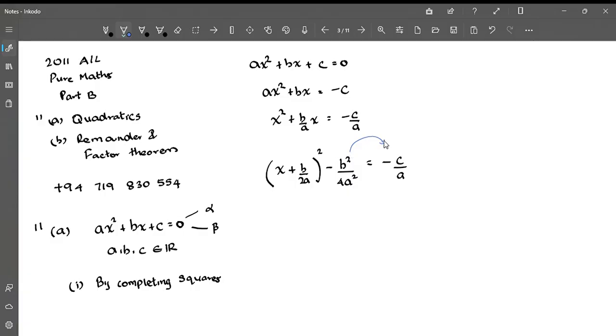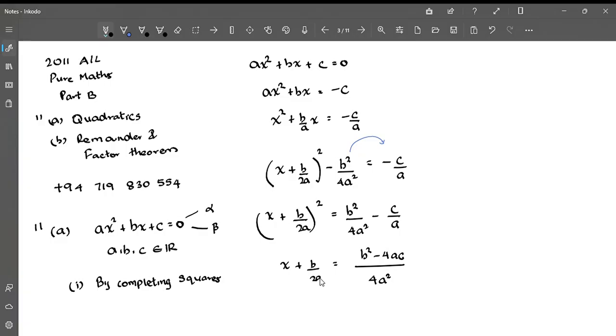Take this to this side. What will you have? x plus b over 2a whole squared equals b squared divided by 4a squared minus c over a. Now take the common denominator, 4a squared. It's going to be b squared minus 4ac over 4a squared. If you root this, x plus b over 2a is plus or minus the square root of b squared minus 4ac divided by 4a squared.